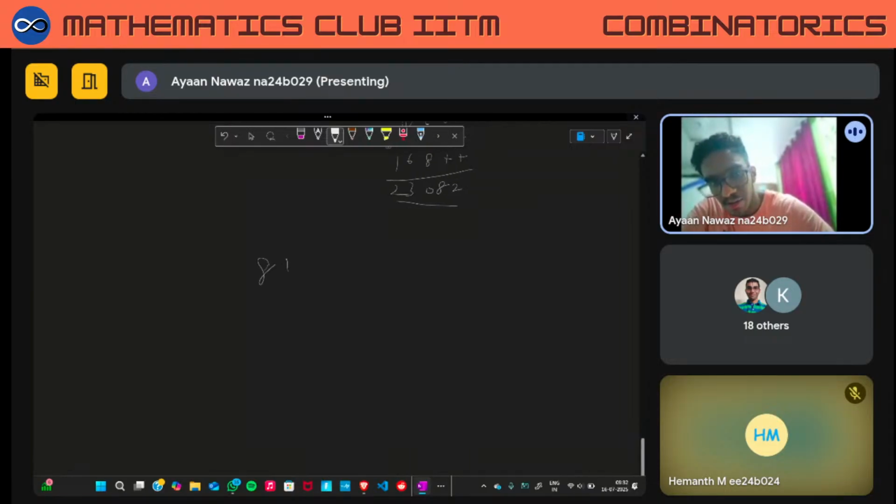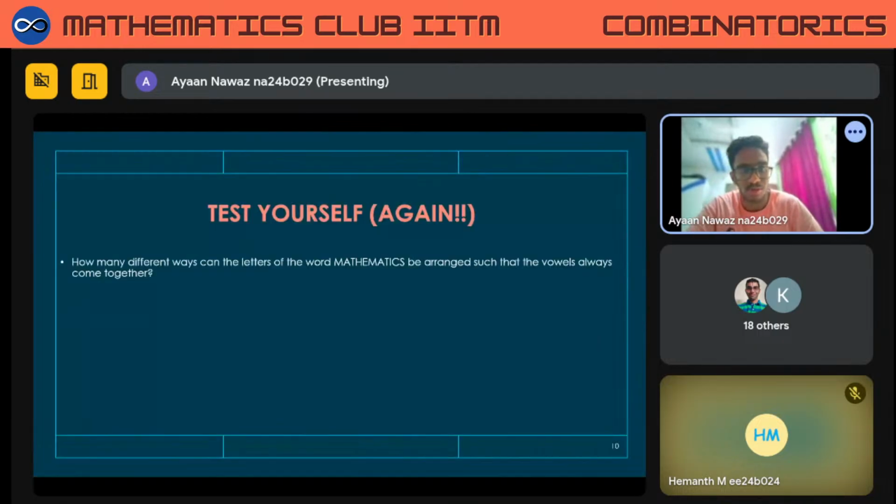Which is basically 8 factorial into 4 factorial by 2 factorial into 2 factorial into 2 factorial again. So this is the answer. That will take a lot of time to do. So whoever got that is the right answer. Next.